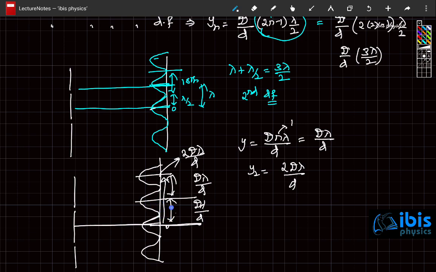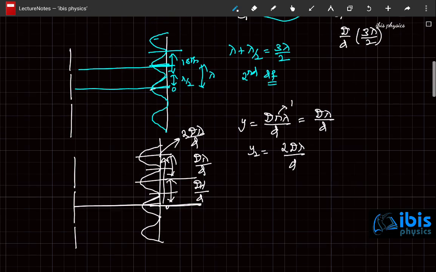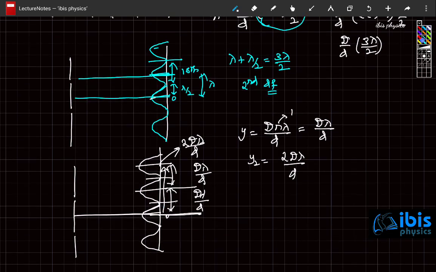What about the difference in distance? So this is one full bright fringe. This is D lambda by d, this is D lambda by d. So the difference is one dark fringe. You see this carefully here. This is the central maximum. This is the first maximum.